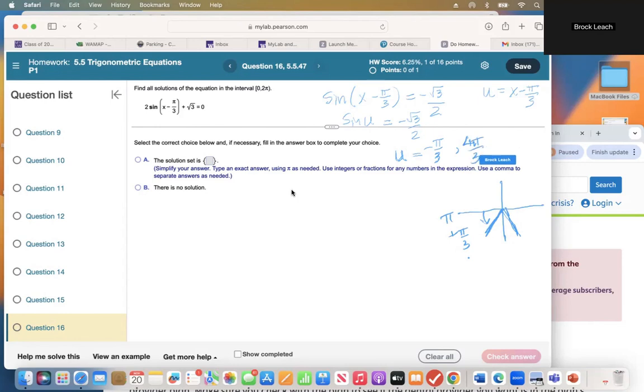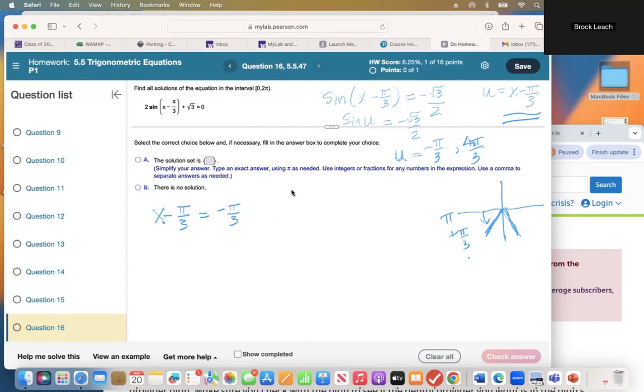Now, if we just had sine of x or sine of u, these would be the two solutions. But we need to find the solutions for x, right? So let's put x minus pi over 3 back in, instead of u, as my two solutions. Set it to our first solution, which was negative pi over 3. I got negative pi over 3 only because we did the arc sine there.